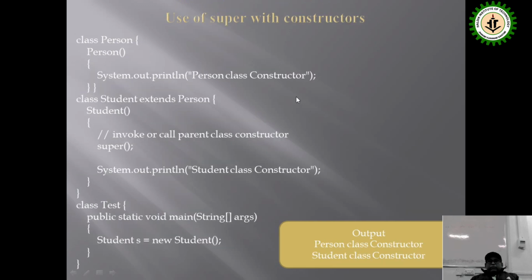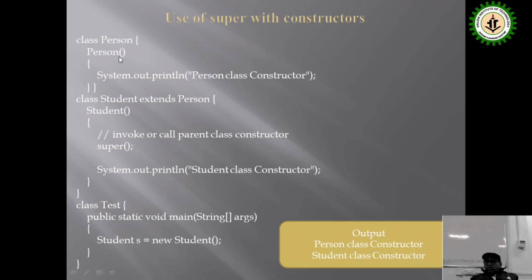Now the use of super with a constructor. Here Person is the base class or parent class, and it has a constructor Person. The constructor name is the same as the class name.